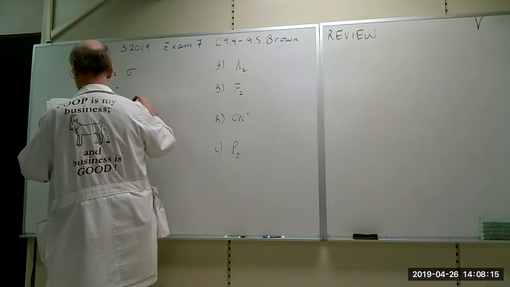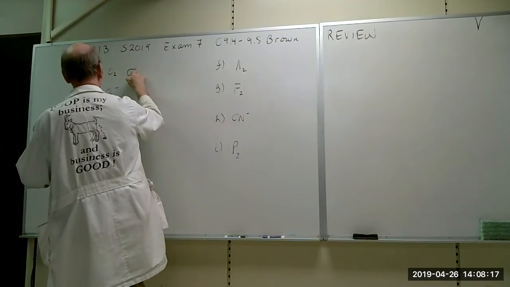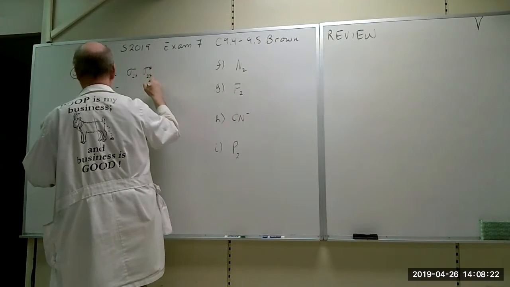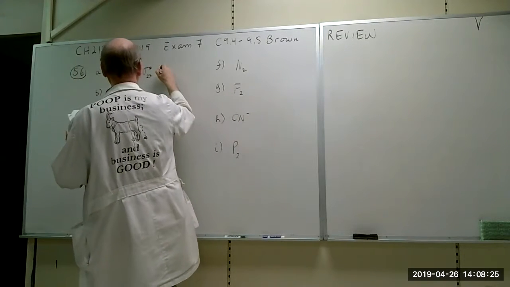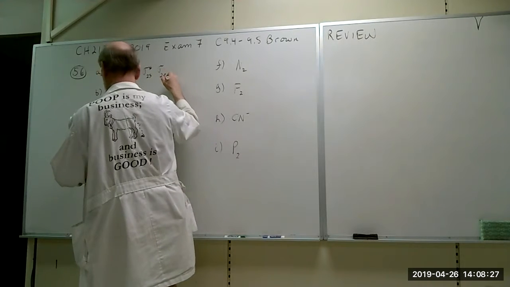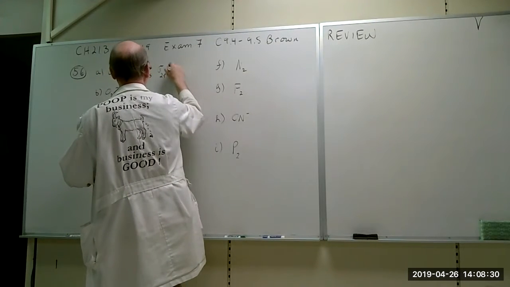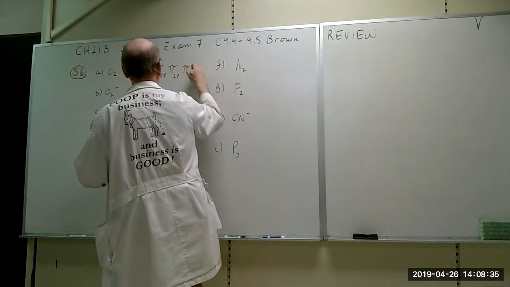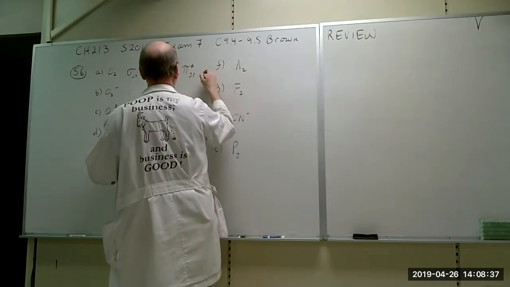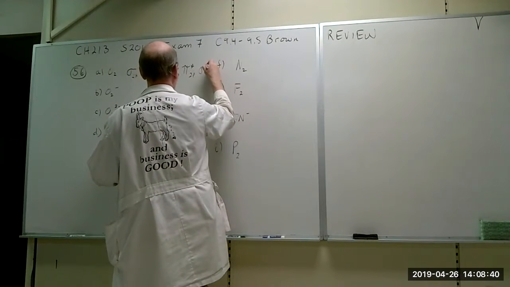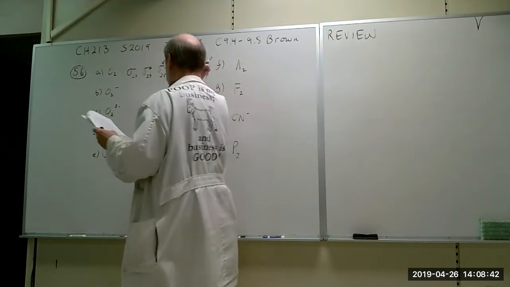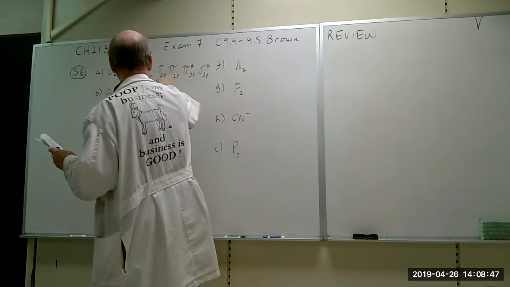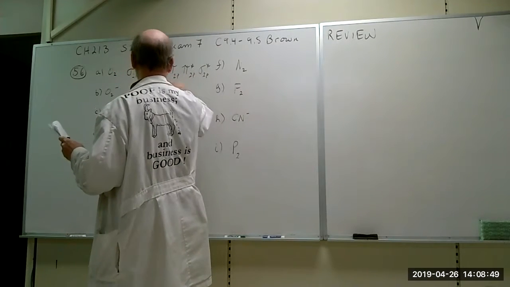They don't matter anyway, not in this case. So this one's sigma from a 2s, then we have sigma star from a 2s, and then we have sigma from a 2p, and a pi from a 2p, pi star from a 2p. And then if we needed it, we would add sigma star. So that's the shorthand version. And this shows that there's no mixing because both of the pi's are between the sigmas, originating from p's.